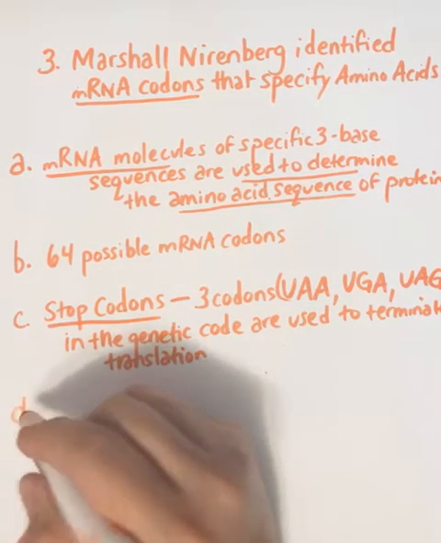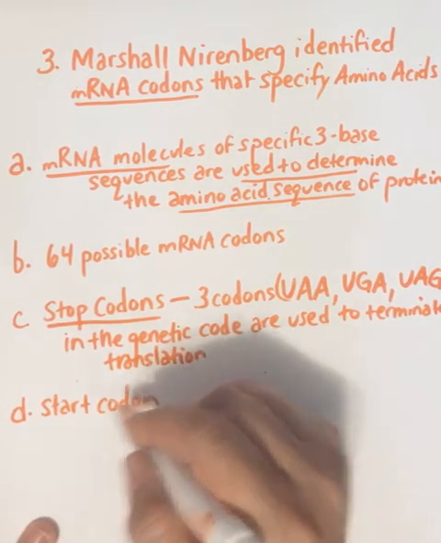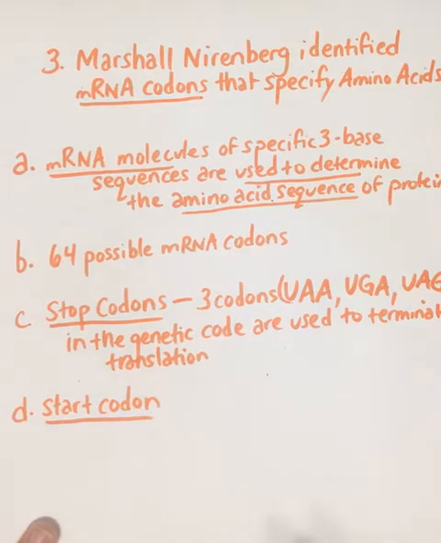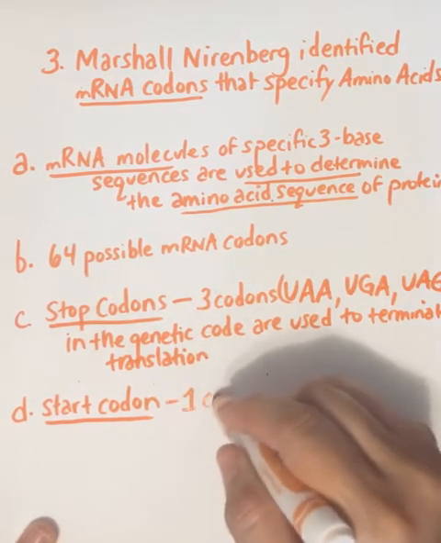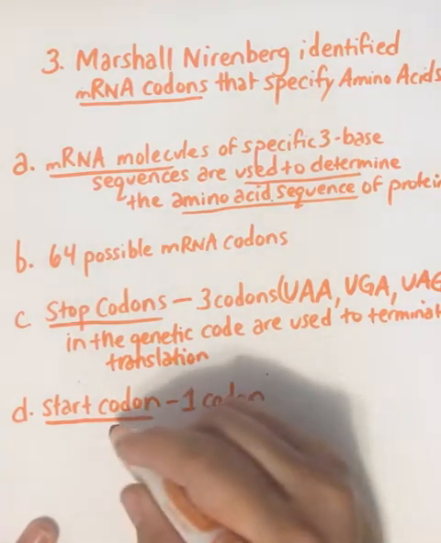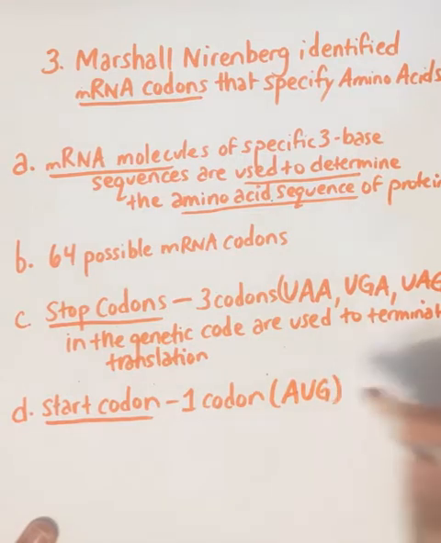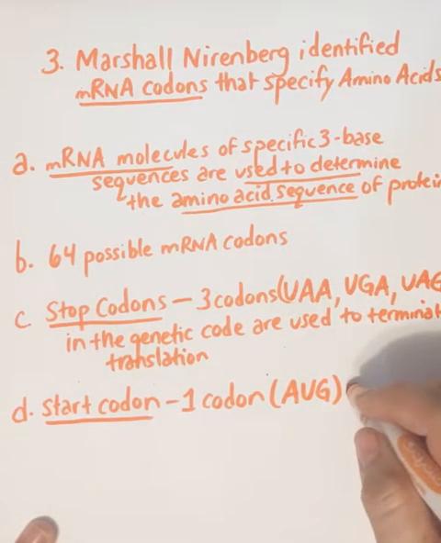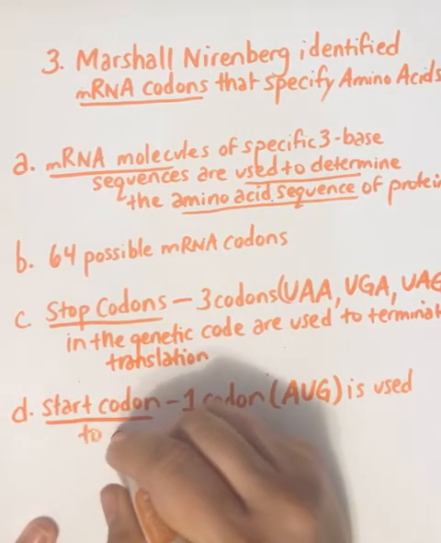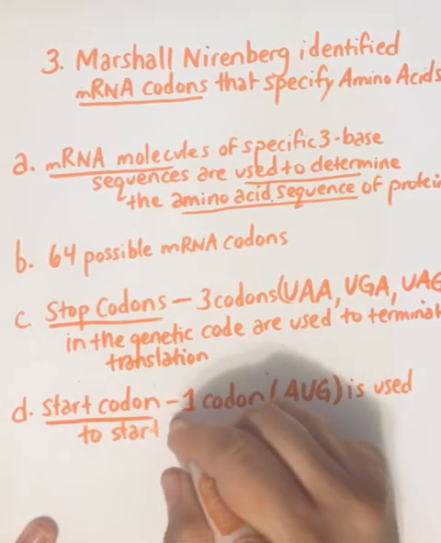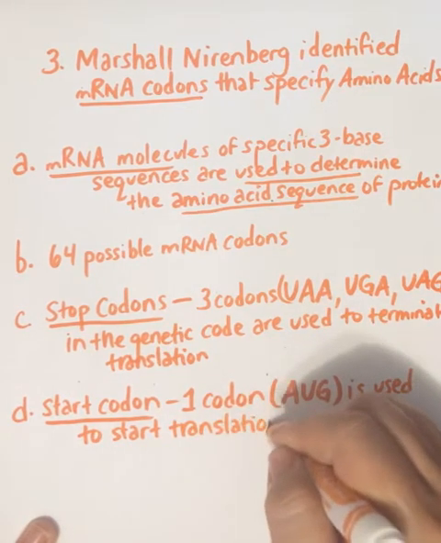Now, start codon. There's only one. So it's the code. This is the genetic code. We're cracking the code. There's one codon that is a start codon, and its sequence is AUG. This is used to start translation, which is to make a protein.